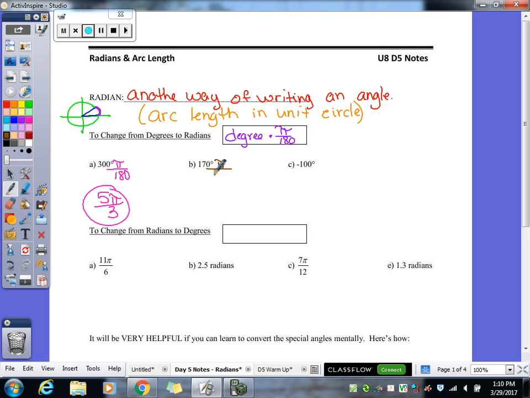So 170 again, times pi over 180. Let's have you guys reduce that. What does that reduce to? 17 over 18. So it would be 17 pi over 18. And then it still works the same way with your negatives.